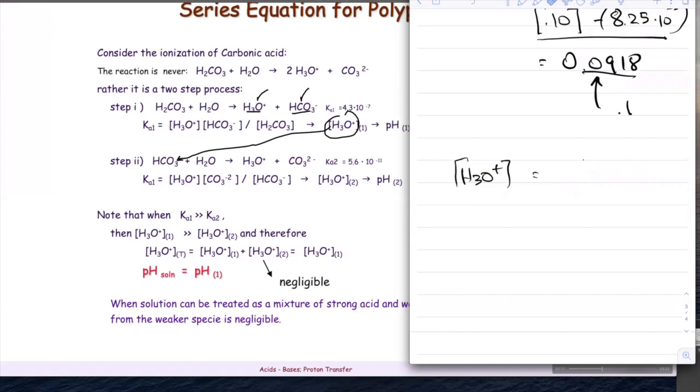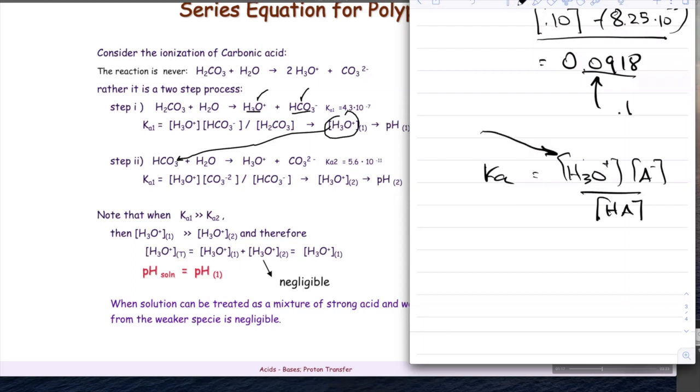The problem that you generally have is you have a Ka equal to hydronium times the anion over the initial concentration of your acid. Okay, so what you're usually after is the hydronium ion concentration.